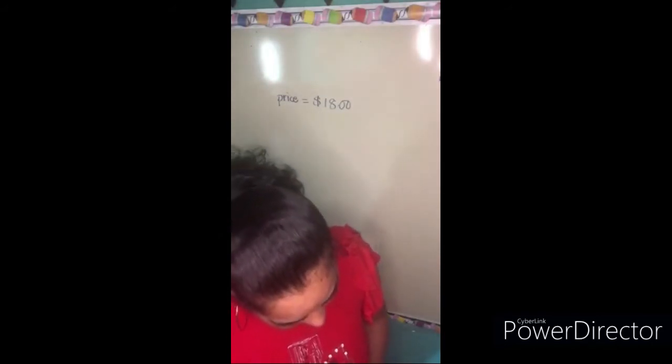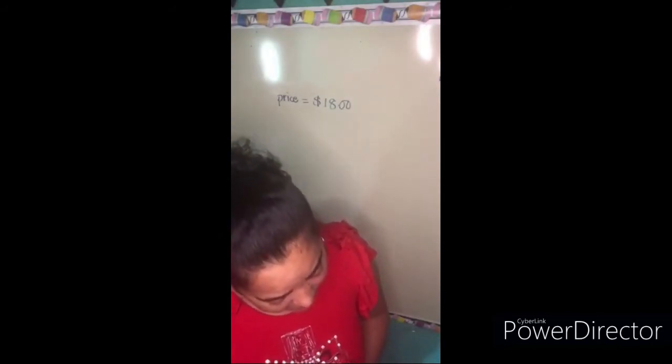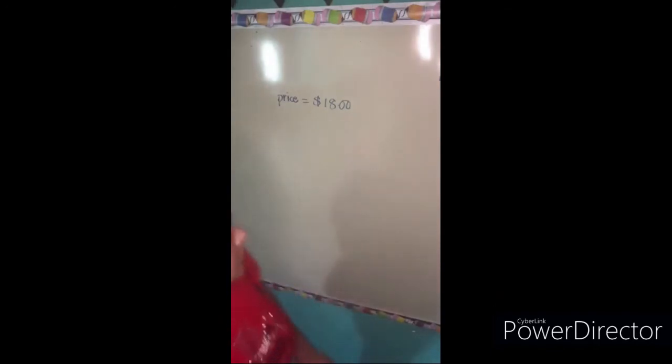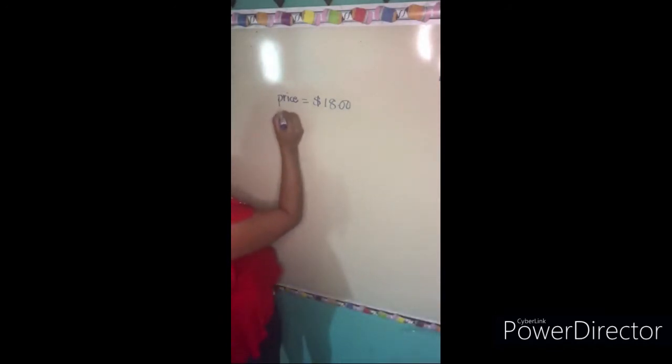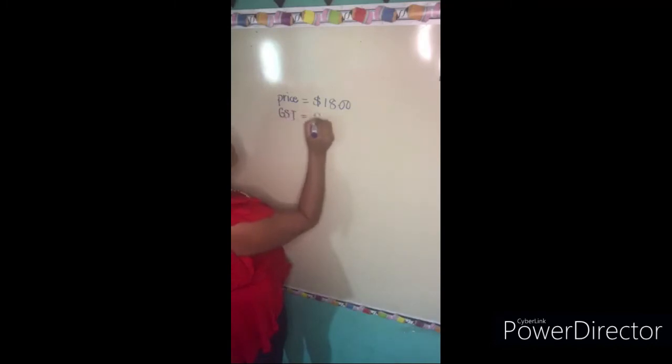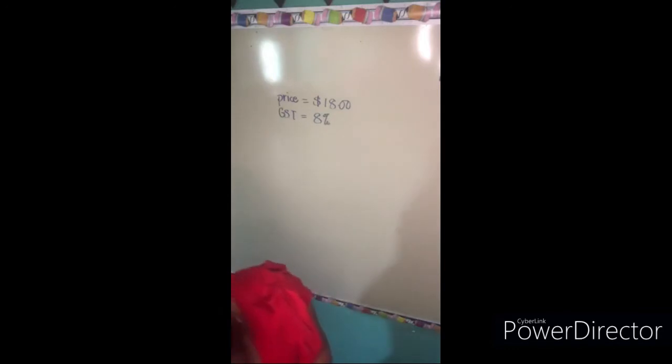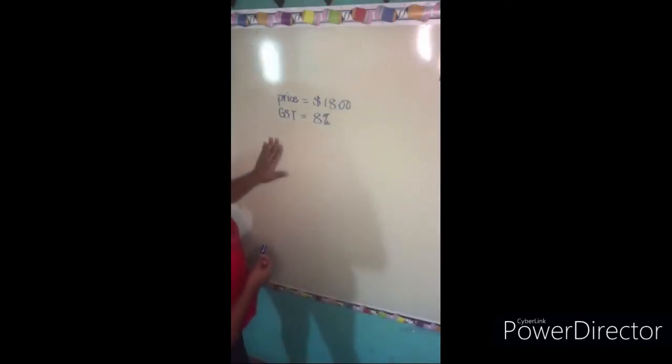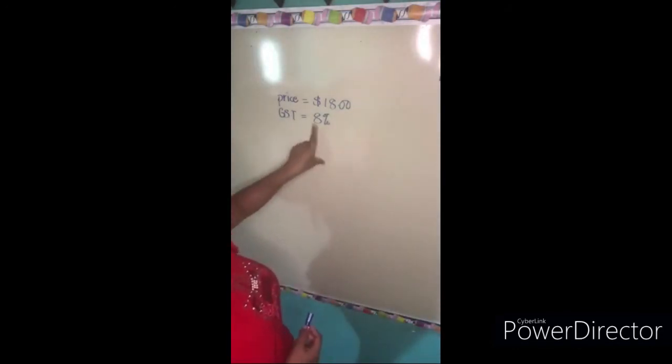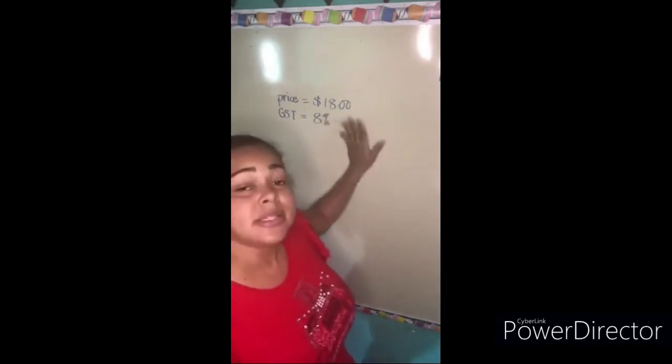She had to pay 8% sales tax. So the sales tax, or GST as we call it, was 8%. All right? What we need to do, we need to find out how much is 8% of $18.